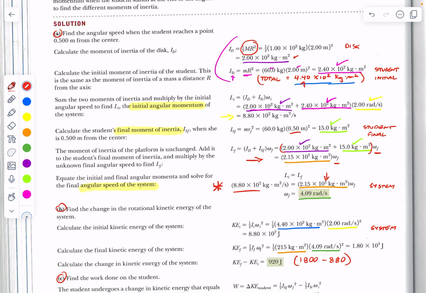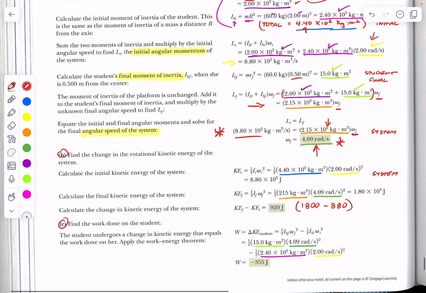The rotational inertia has changed. We're solving for omega, and we see that the speed is now 4 radians per second, whereas before it was only 2 radians per second. So by virtue of the fact that the student has moved from the edge of the disk 1.5 meters closer to the axis of rotation, the person has doubled their angular velocity.